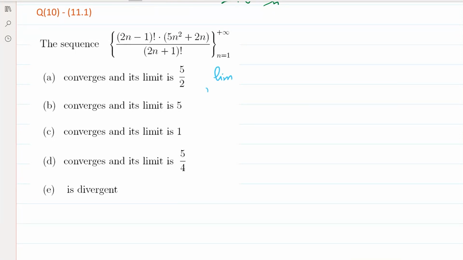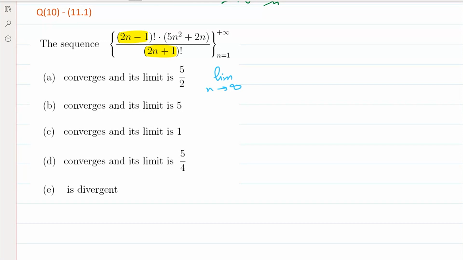Simplify the denominator. Okay, we take the limit as n goes to infinity. When you have factorials up and down, you start with the larger one. You simplify the first 2, 3 terms, whatever, until you get the smaller one to simplify with it. Which is larger, 2n minus 1 or 2n plus 1? 2n plus 1.